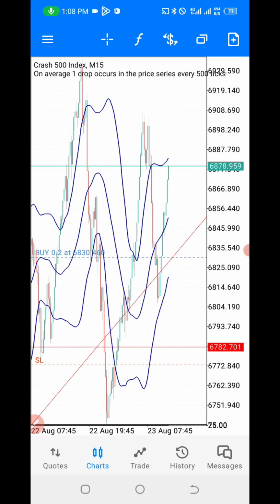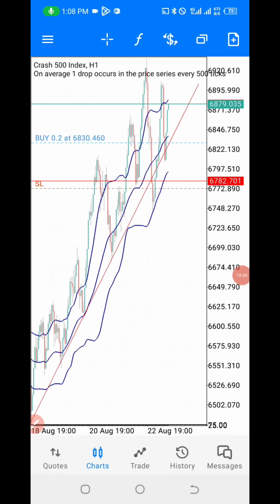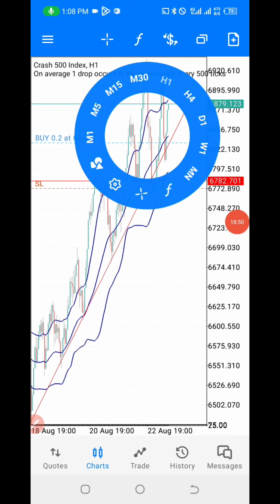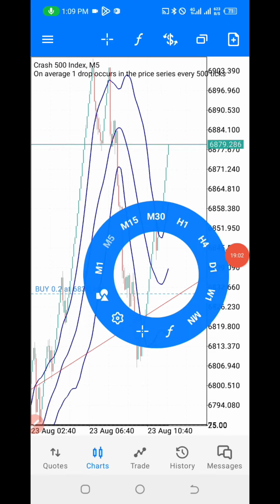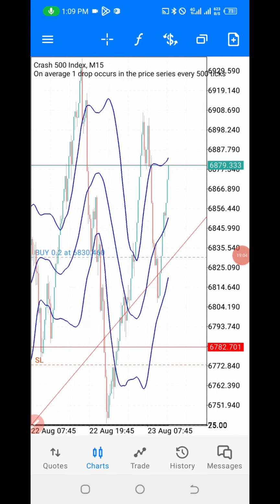Now M15 is also close to that outer line of the Bollinger Band, and H1 is exactly on the outer line of the Bollinger Band, and on M5 it has crossed it. So it's either it continues until this M5 gets to this point where there is a verified resistance and then it will react, or of course, since it's there already, I'm expecting a reaction. That's just it.